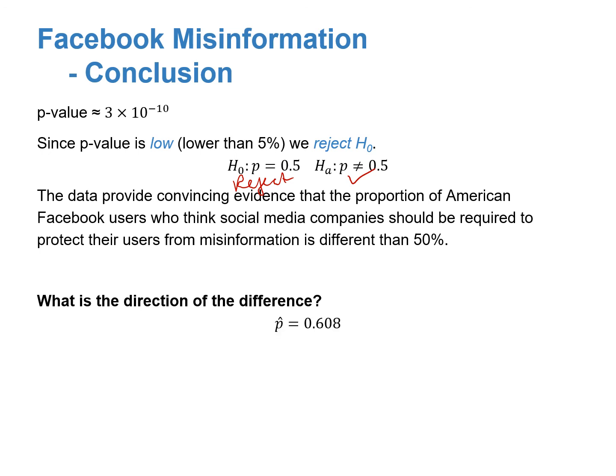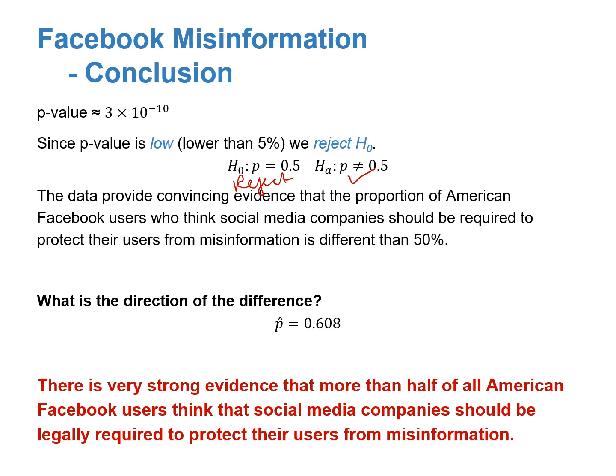In my sample, the proportion who believed this was 0.608, 60.8% of people, which is more than 50%. So that is the direction that the difference is in. There is very strong evidence that more than half of all American Facebook users think that social media companies should be legally required to protect their users from misinformation.